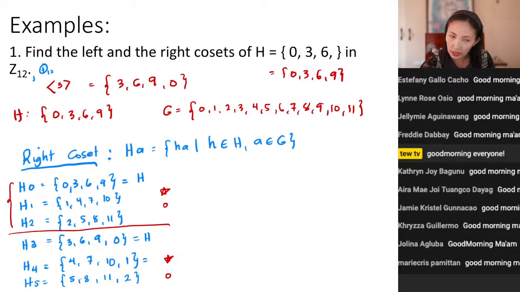So your G is simply H union H1 union H2. We have three partitions, H, H1, H2. If we put them all together, this would make up the group G. We call these the partitions.